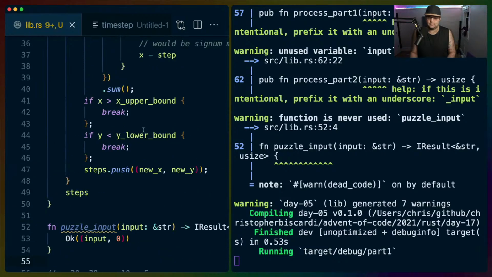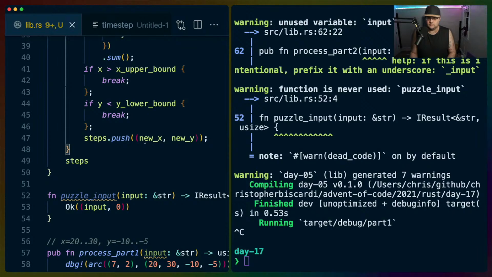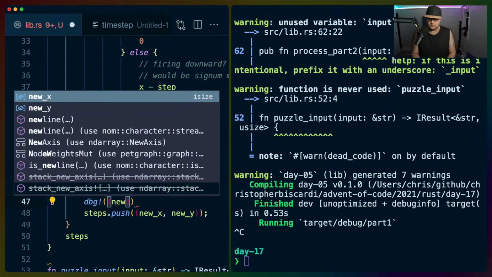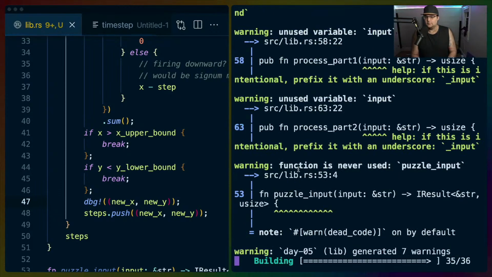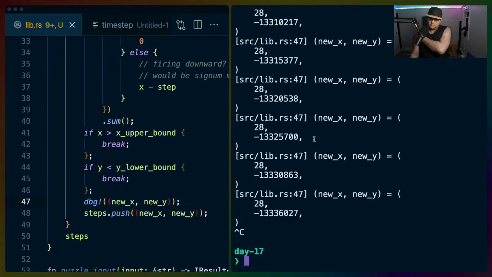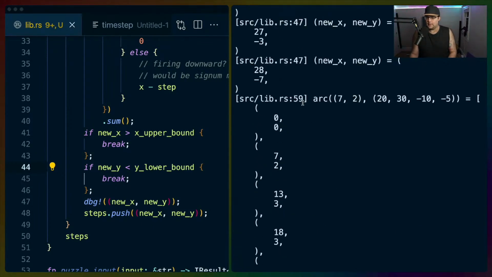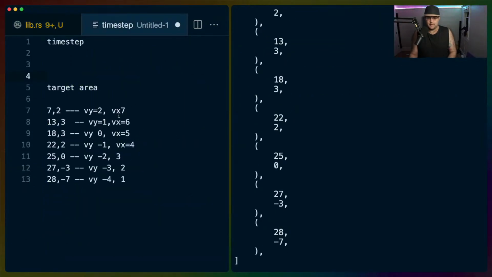Sick. I forgot to do new X and new Y. Okay, so we ended up with 0, 0, 7, 2, 13, 3, 22, 2, 25, 0, 27, negative 3, 28, negative 7.